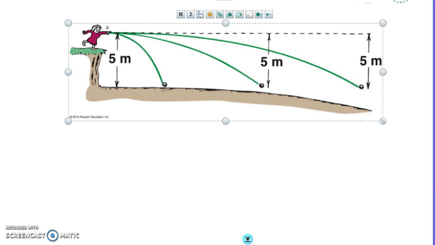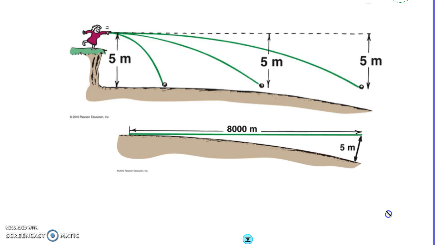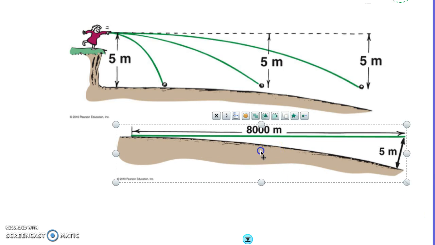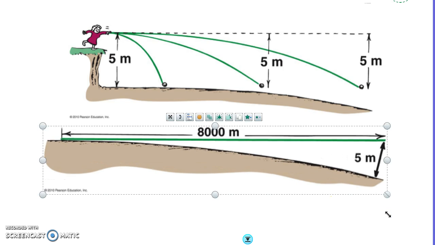Now, it turns out that on the average, on the Earth, every 8,000 meters, which is a little more than 8,000 yards, about 1,000 football fields, give or take a little bit, the Earth drops by 5 meters.